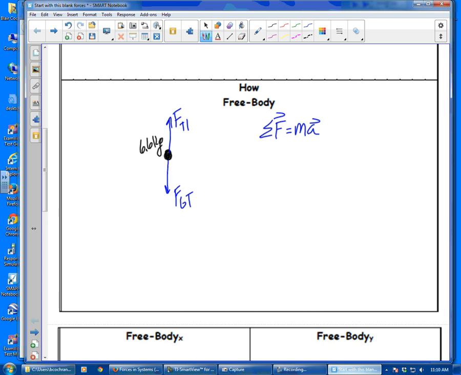This equation can be drawn as this, or written as FT1 minus FGT equals my inertia, 6.6 kilograms, times my acceleration, which is 0 meters per second squared. Writing this and drawing this are the exact same thing. You see that?